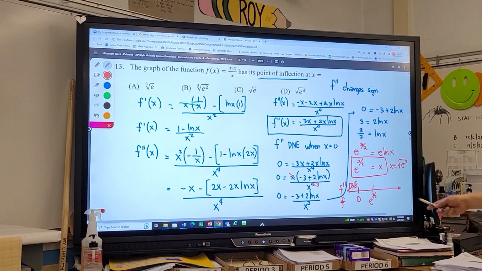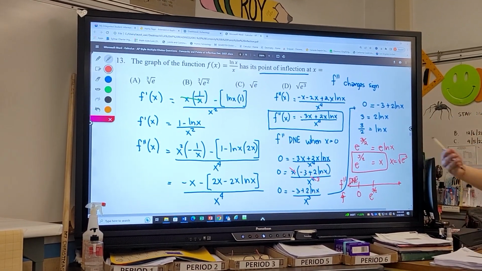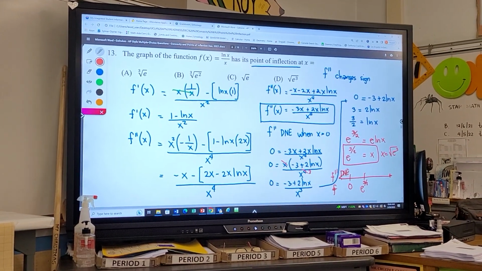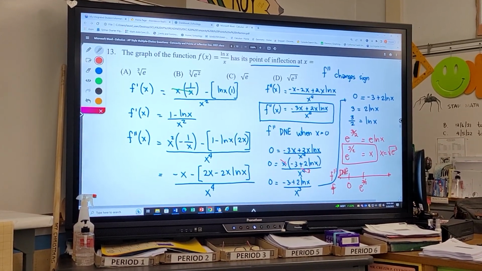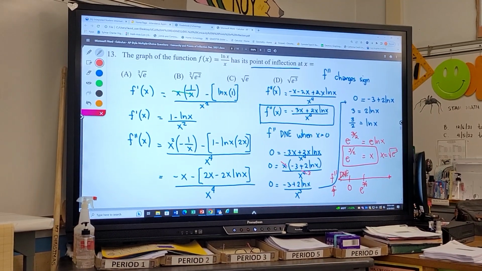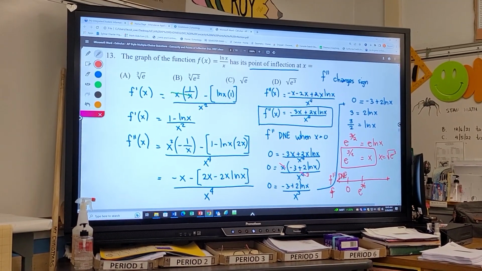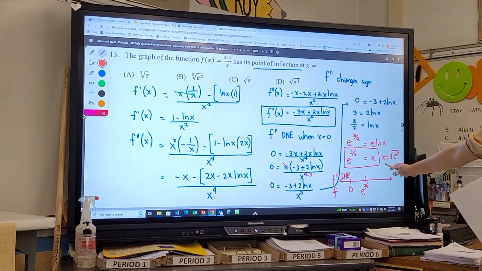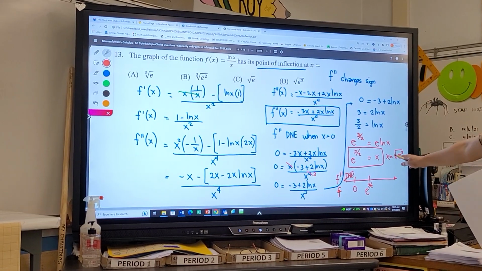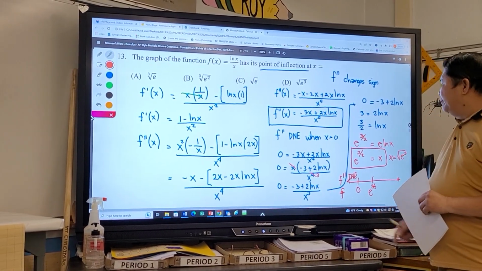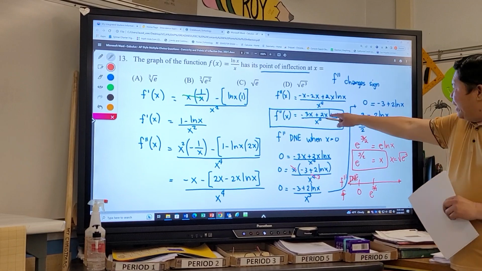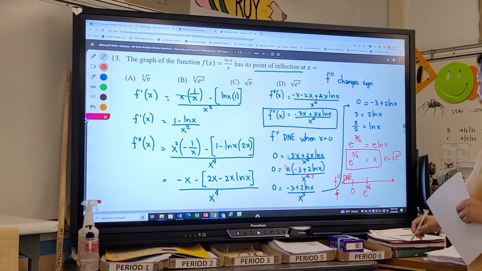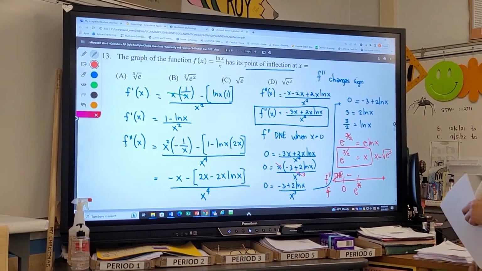Now, how about between 0 and the square root of e to the power of 3? Is it a plus or minus? Can you plug in right here? This is positive, right? Positive. And then you have negative. It's gonna be negative. And right here is positive. So negative divided by positive is negative.